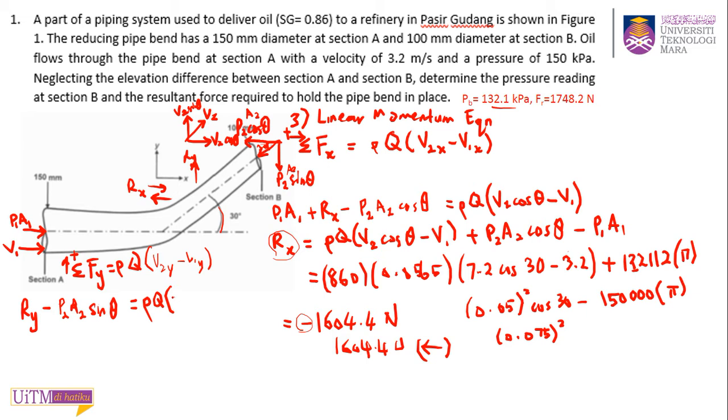So you have your V2 sin theta, and for V1 there is no V1y, only cos 90, so 0 lah.